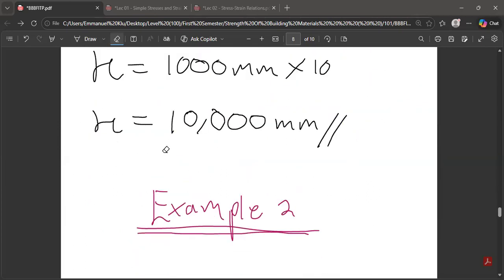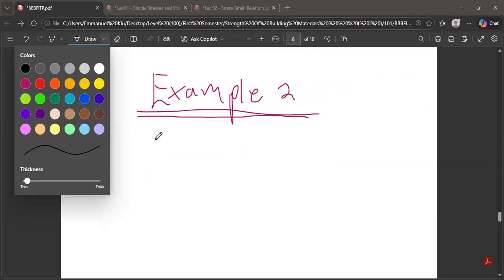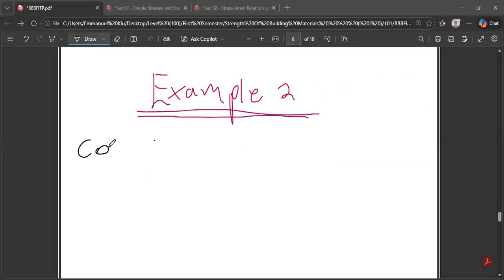Let me say, convert 10 hectares to what are we converting it into?